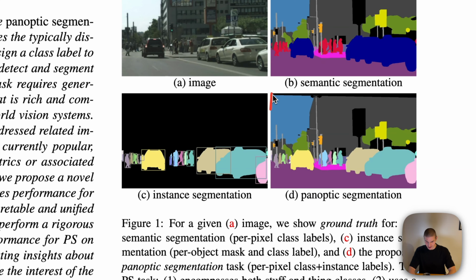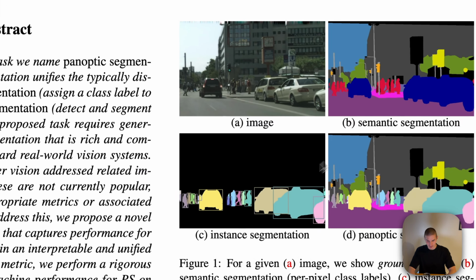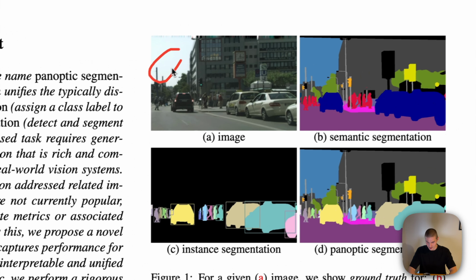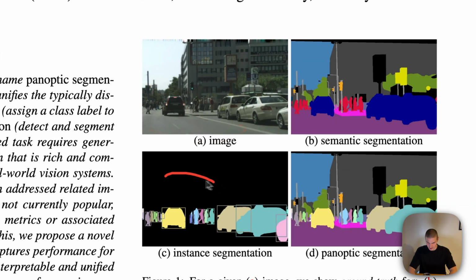And finally, panoptic segmentation. So one of the problems with instance segmentation, as you can see from the image, is that it doesn't segment everything. So although we do segment different cars and people, there is no difference to sky and trees and road in this sort of segmentation. So panoptic segmentation was aimed to sort of unite the two tasks of instance and semantic segmentation.